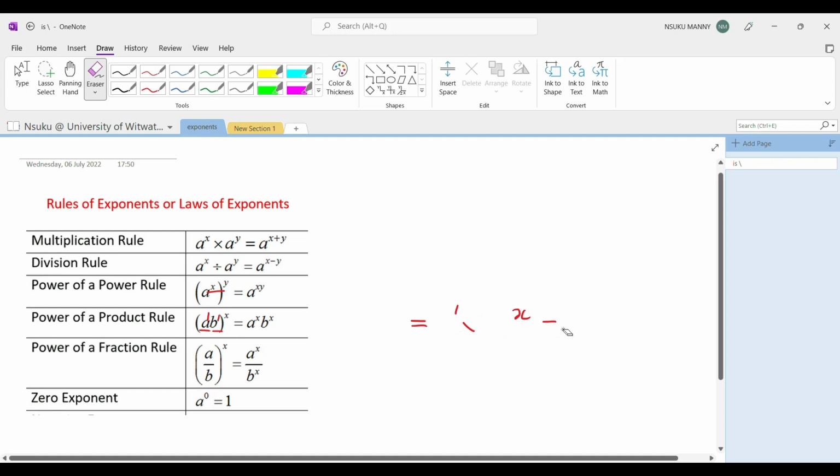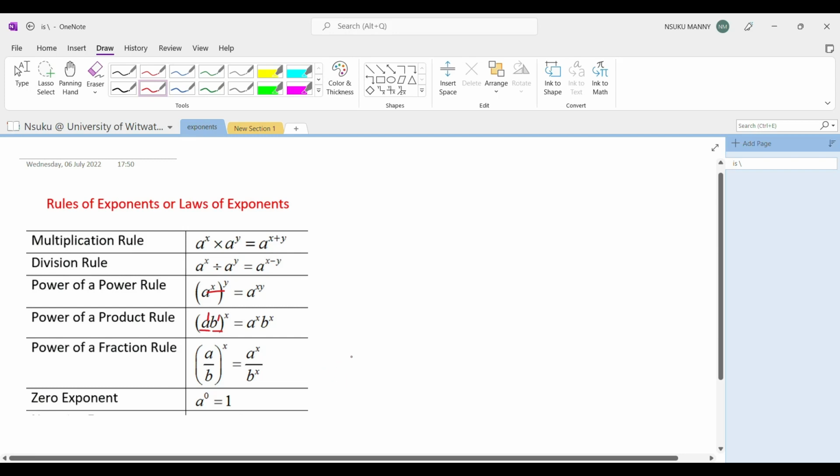So the next law that we're going to be talking about is power of a fraction rule. So this one basically works the same as this one. Remember, a fraction is just two values dividing each other, right? So this one was two values multiplying each other, this one is two values dividing each other.